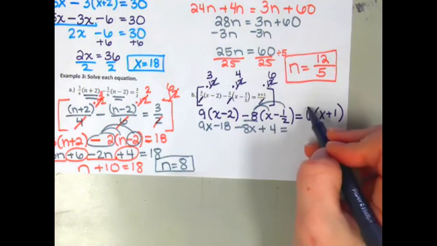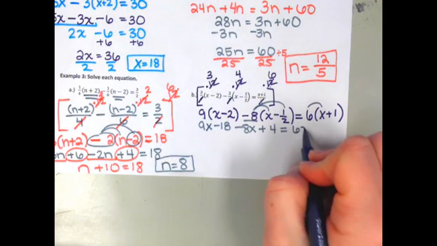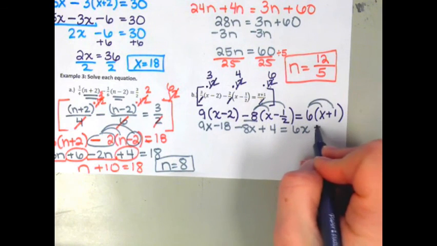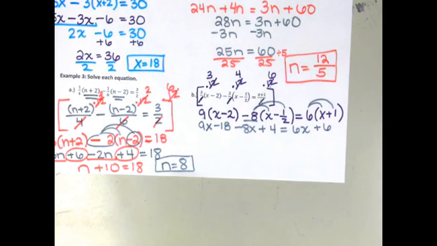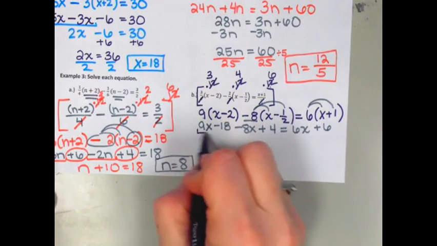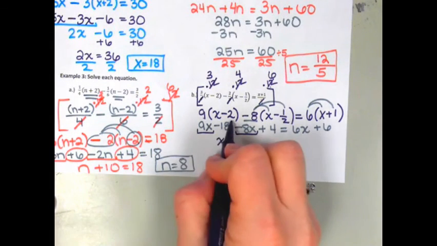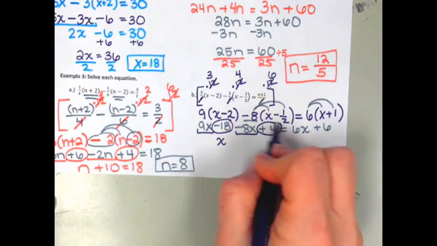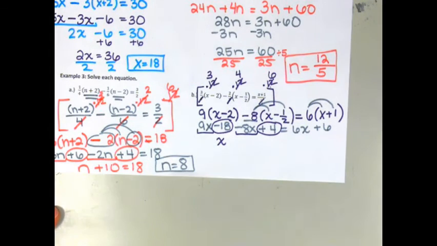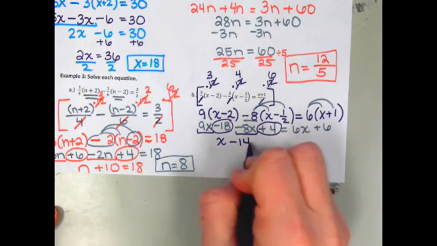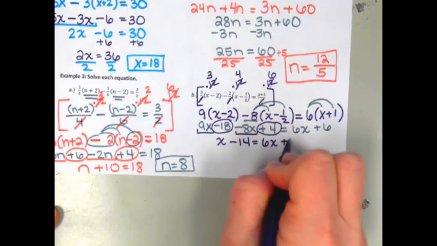Equals 6 times x. And 6 times 1 is? Go ahead and combine like terms. What's 9x minus 8x? x. -18 and a +4, -14, equals 6x plus 6.